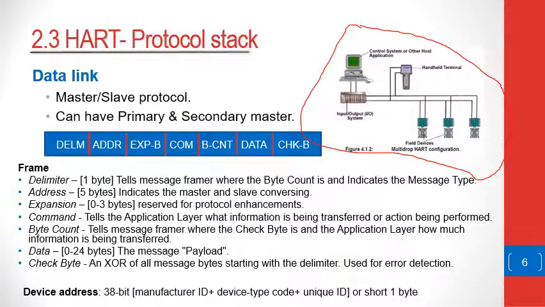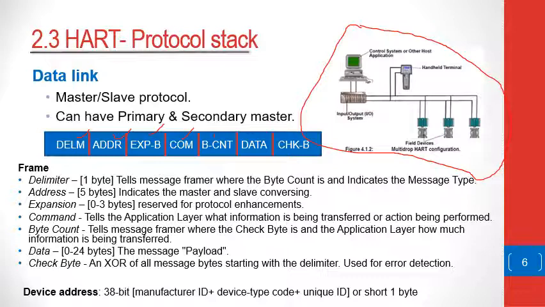The message will have these fields. It starts with a delimiter, and it will have an address, which is typically 5 bytes. This will be the address of the slave. Then it will have an expansion, which is reserved for protocol extension, typically 3 bytes or none at all. And then it will have a command, which specifies the information that needs to be transferred or the action that needs to be performed by the slave.